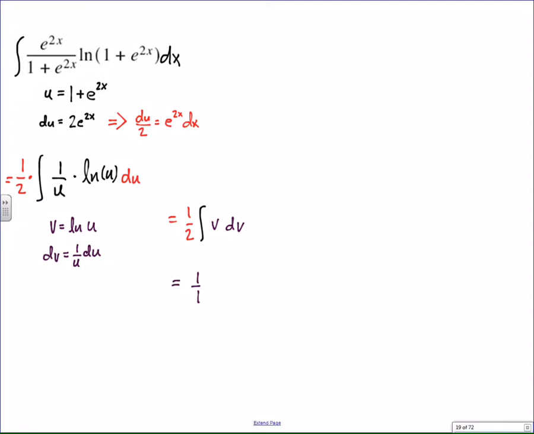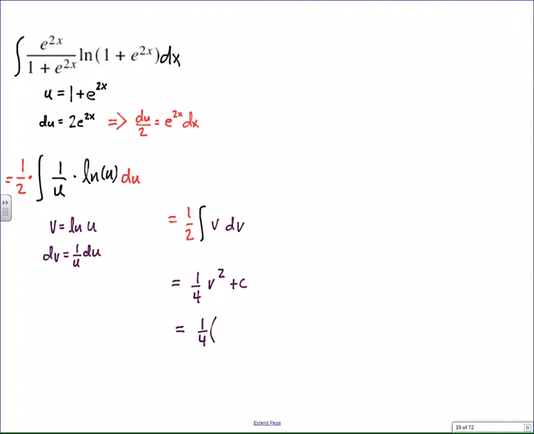Which enables me to take down the 1/2. We got that. Then the natural log of u becomes v, and the du over u becomes dv. Simplest integral ever. Well, maybe not, but pretty close.